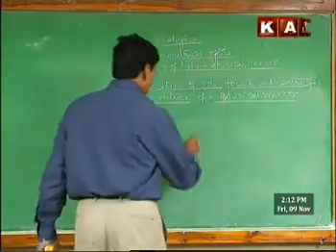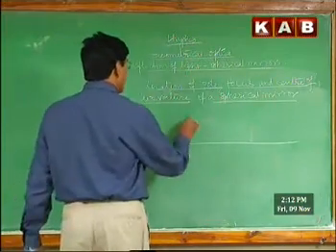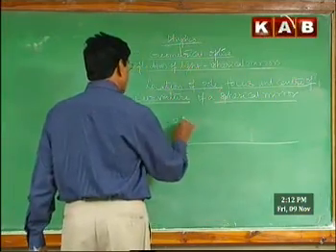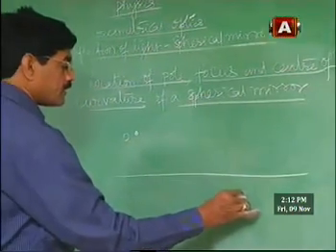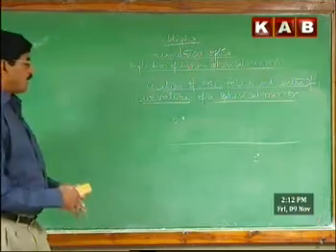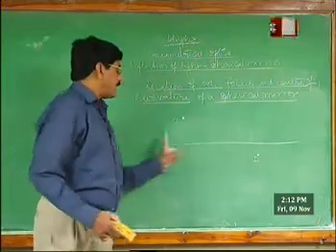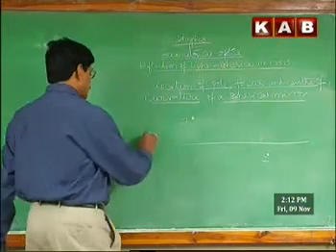Let us consider a principal axis. Let it be the principal axis. The object is somewhere here and the image is here. Object and image are on either side of the principal axis.